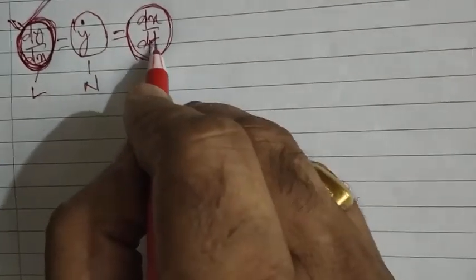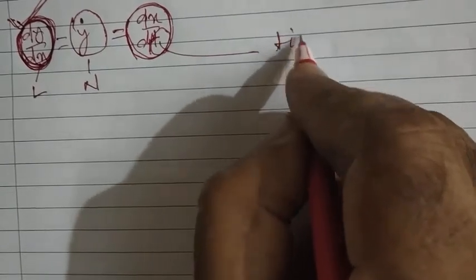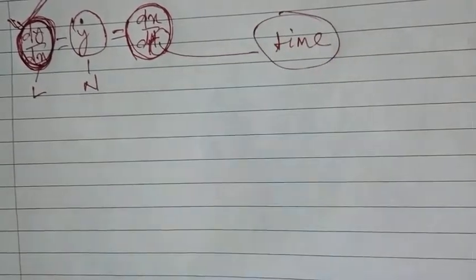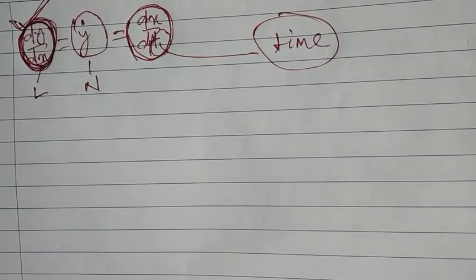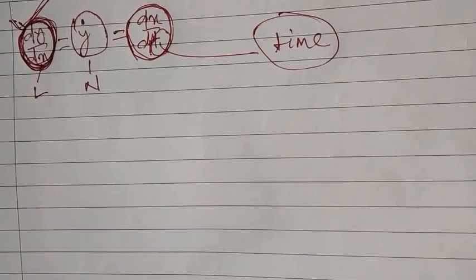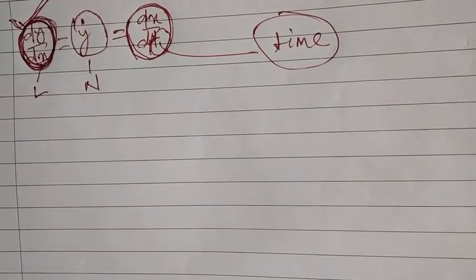Okay, and for Newtonian differentiation, he was using the independent variable as time, and he had taken that time does not depend on anything in the universe. So time is the most powerful, that he was telling, and we know also.